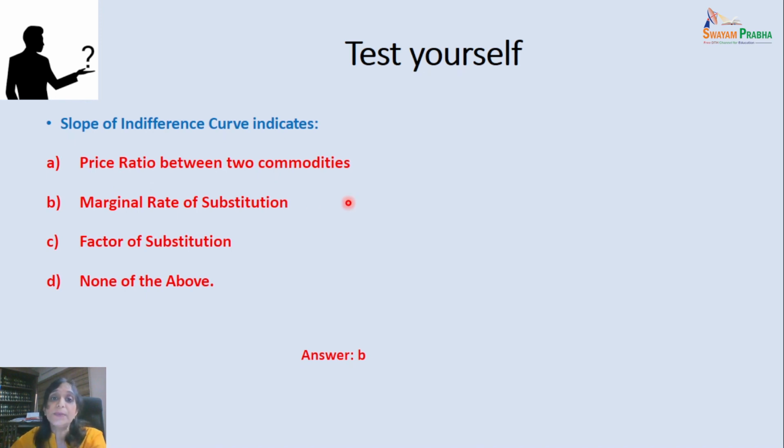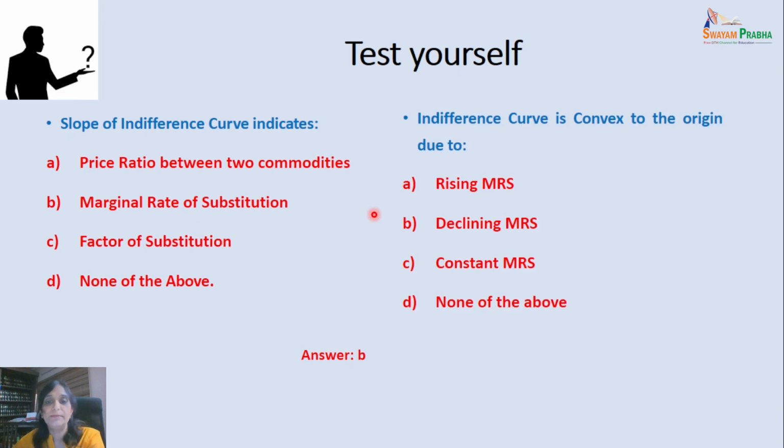The rate at which the consumer is willing to take more of one good by reducing the amount of another good, so that your satisfaction remains the same. So you are moving from one point to another point on the indifference curve. That movement is called the slope of the indifference curve, or MRS.